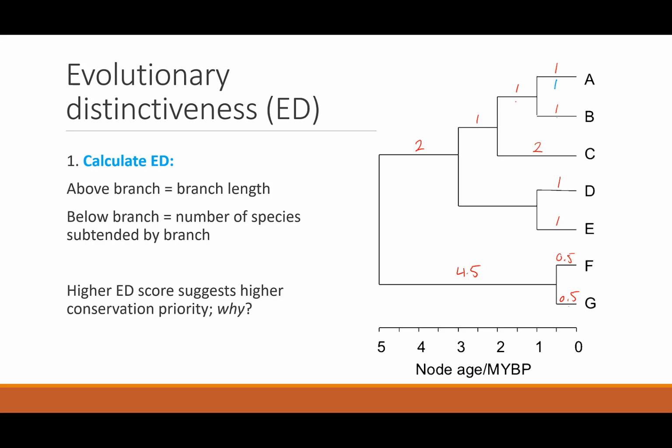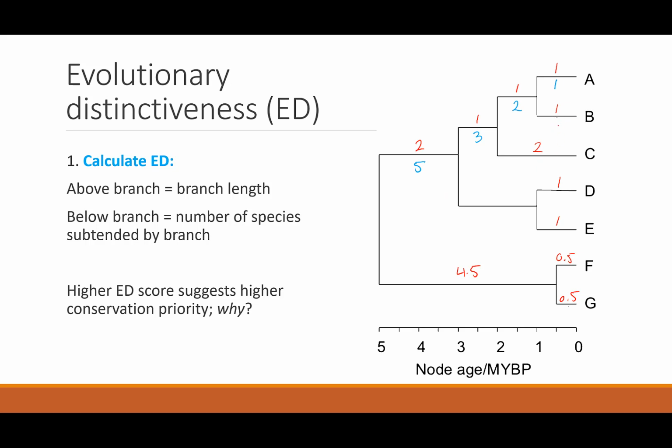Here, below the branch, there are 2 taxa captured by this stem branch, so that gives us a score of 2. Here, we have a branch that leads to species A, B, and C, and so that would be 3. Here, we have a branch that leads us to A, B, C, D, and E. That gives us a score of 5.